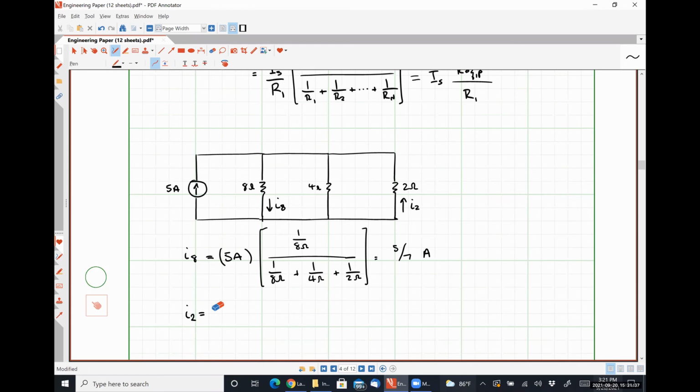Negative 5 amps, exactly right. 1/2 in the numerator, 1/8 plus 1/4 plus 1/2, which is going to be 4/7 times 5, so negative 20/7.